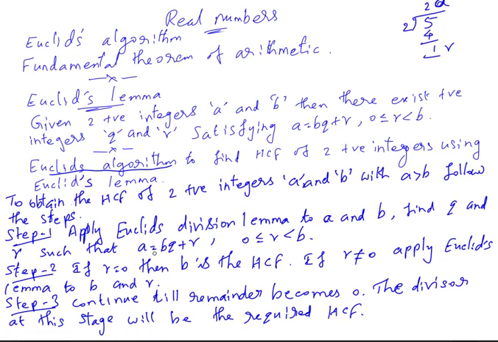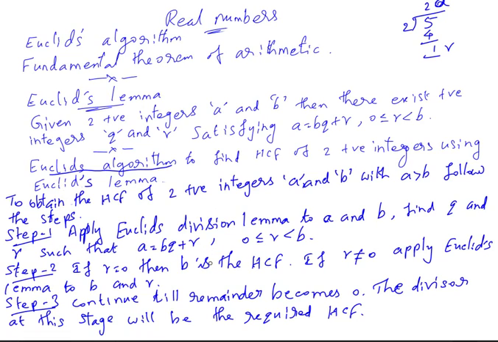We have to continue this process. First we take the given numbers a and b. We divide a by b and identify the remainder. If the remainder is 0, then b is the HCF. If the remainder r is not 0, we divide the divisor by the remainder.